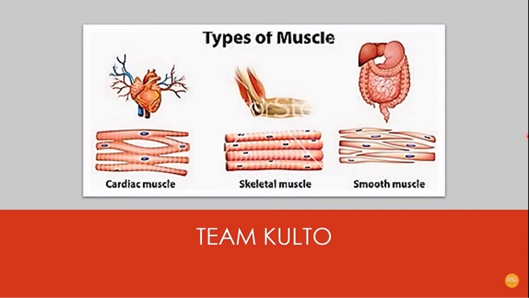And of course, lastly, we have the skeletal muscle. Now, this is the only voluntary muscle, meaning the muscles in your body that you can control. It is controlled consciously. Every physical action that a person consciously performs requires a skeletal muscle.